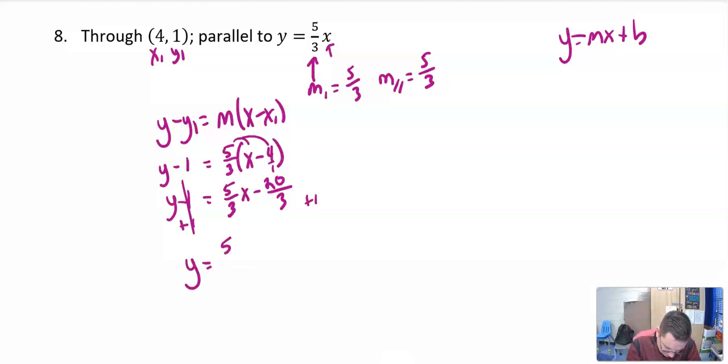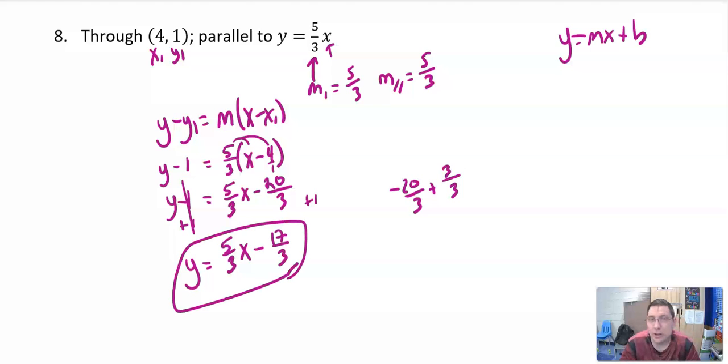So y is equal to 5/3 x minus 20/3 plus, again, we're going to change this over, so this will be 3/3. That'll be minus 17/3. That's our final answer there. That's what we're looking at in this section. Again, be able to write these lines as they're parallel to other lines, understanding the slopes that they have and the slopes that are related to.